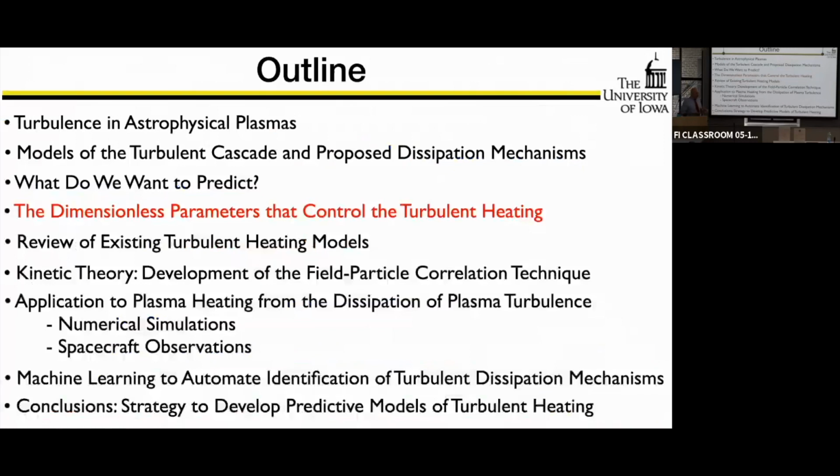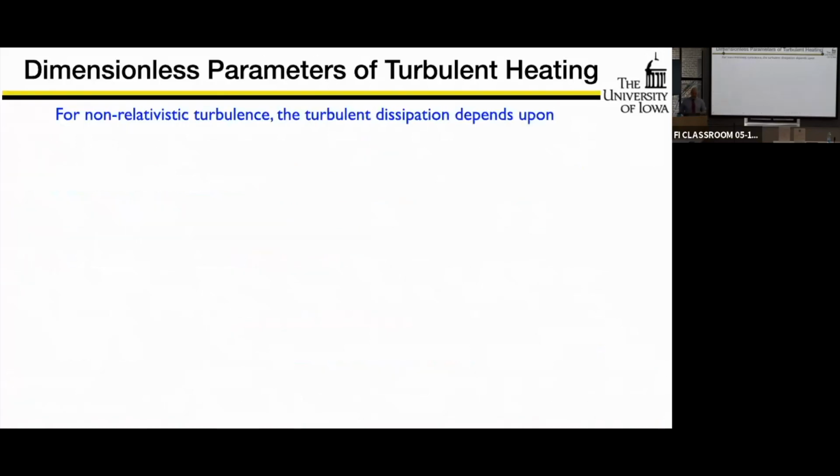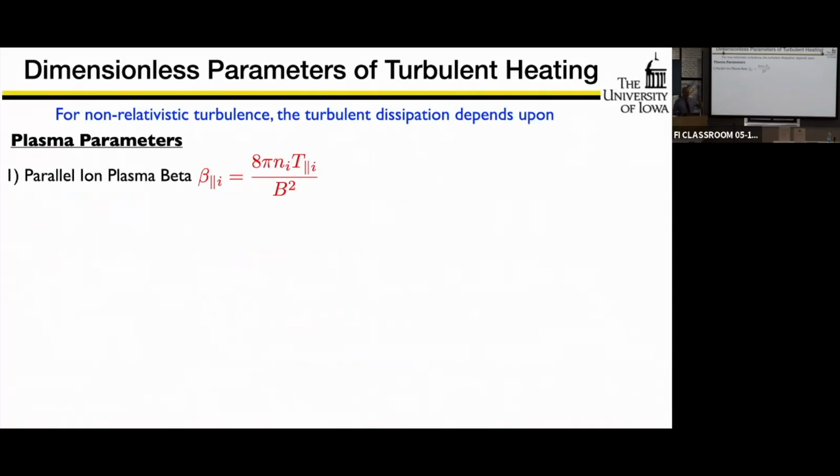So I want to turn a little bit to the dimensionless parameters that actually control turbulent heating. And there are a lot of them. Again, here I'm just going to focus on the case of non-relativistic turbulence. As I said, there are plasma parameters upon which these turbulent dissipation mechanisms will depend. The most important one by far is the plasma beta, and in this case we're going to be very particular and define it as the parallel ion plasma beta.